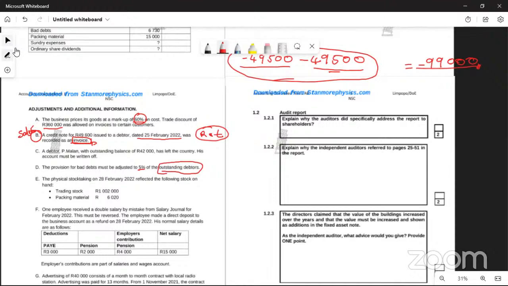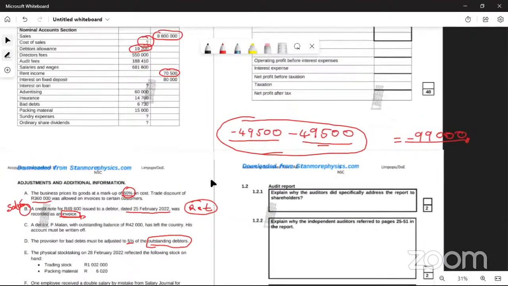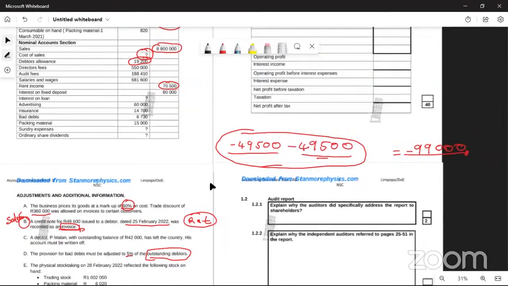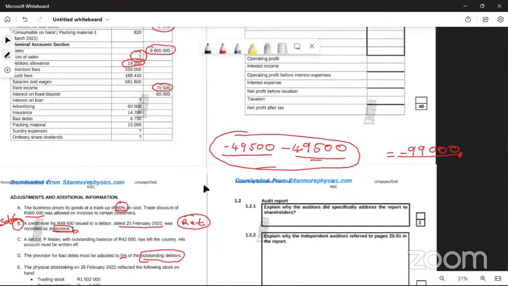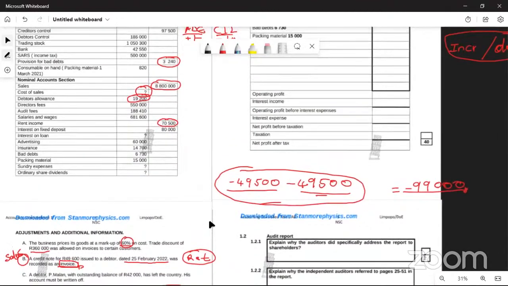So how do we get the outstanding debtors? They mean the trade debtors. How do we calculate trade debtors? You take debtors control on your pre-adjustment, and you subtract your bad debts on the adjustments. I hope it makes sense, guys.